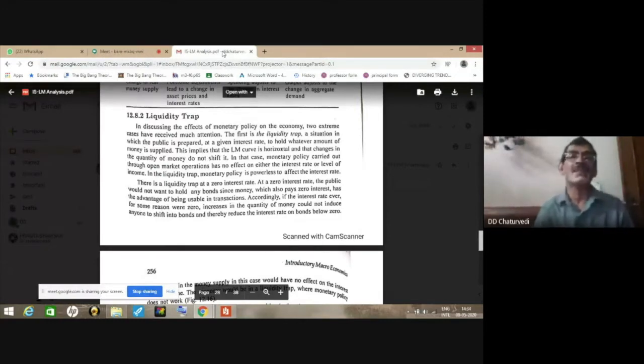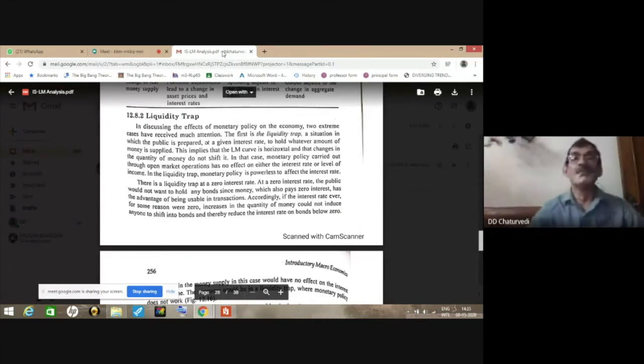So that means the entire money is held by the people at such a lower rate of interest. And corresponding to this liquidity trap, when the demand for money curve becomes horizontal, the LM curve also becomes horizontal, and changes in the quantity of money do not shift it. So when we say there is a rightward shift in the LM curve, there will not be any impact as such.